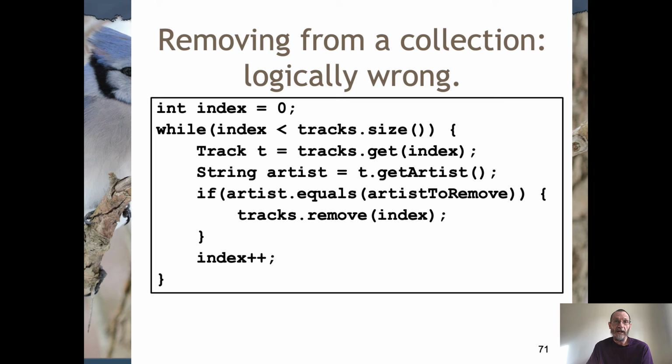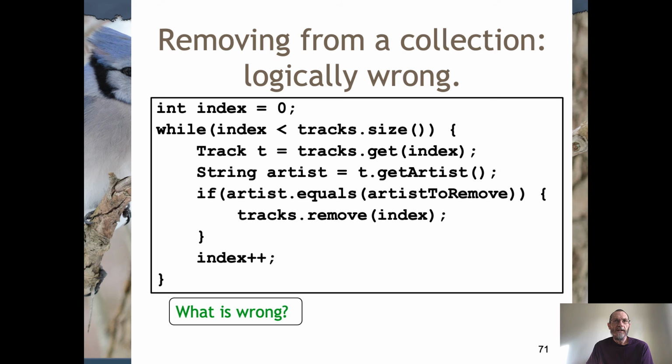There's an error here, and it might be worth spending a little bit of time just looking at this and trying to understand what's going to go wrong. We're not going to get a concurrent modification exception as we do with a for each loop, because it's perfectly legal to modify a collection while we're iterating over it using a while loop. The problem is actually a logical error.